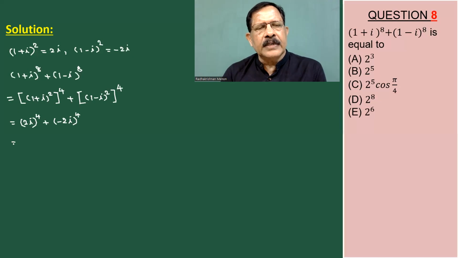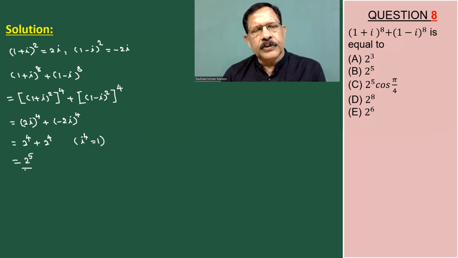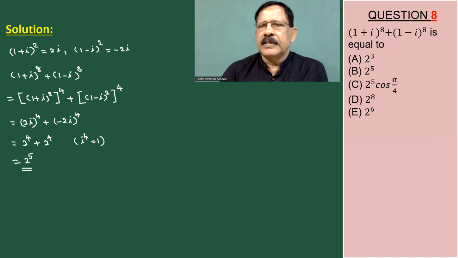Now you know that I raised to 4 is equal to 1. So here it is 2 raised to 4 plus again minus 2 raised to 4, which is nothing but 2 raised to 4, because I raised to 4 is equal to 1. So what is 2 raised to 4 plus 2 raised to 4? 2 into 2 raised to 4, which is nothing but 2 raised to 5. So answer for that question is 2 raised to 5.